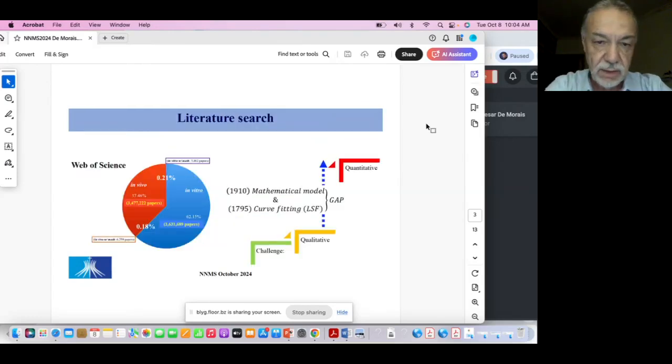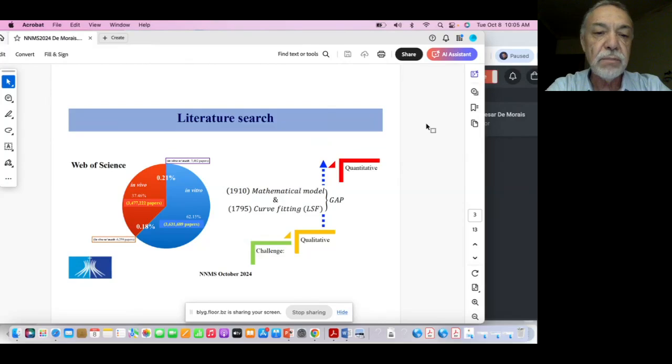So, about the literature search, if you go, for instance, to Web of Science and check the number of publications involving in vitro and in vivo assays, you will find roughly about the same number in this platform.